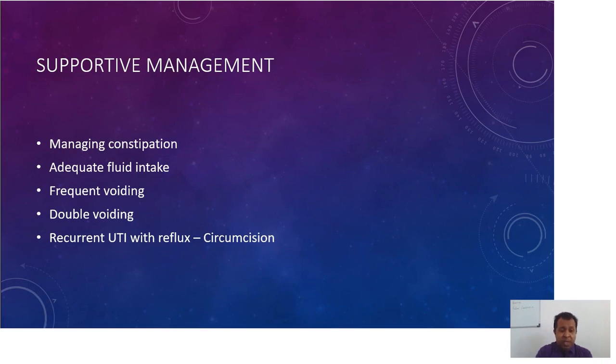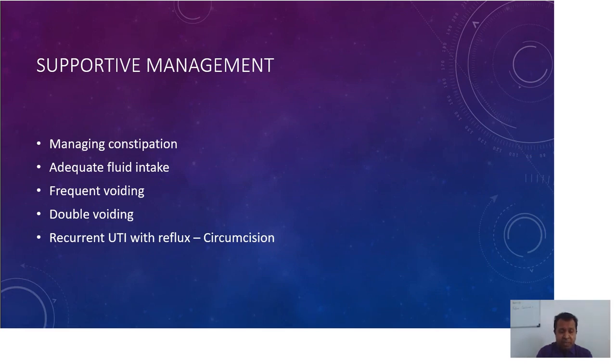For children with recurrent UTI with reflux, especially boys, we recommend circumcision if they develop recurrent UTIs with the underlying reflux. Circumcision will reduce the risk of UTI in a significant way, because we know most of these urinary tract infections are caused by colonizing organisms like E. coli, Proteus, and Klebsiella.